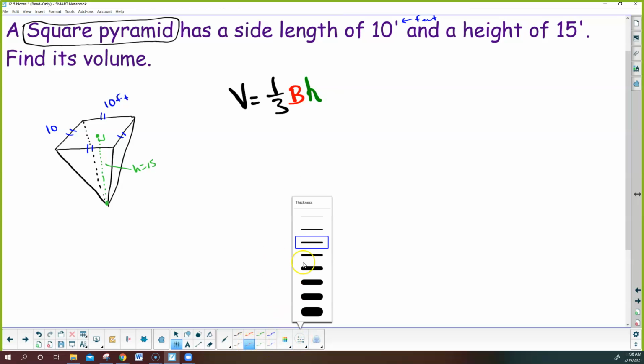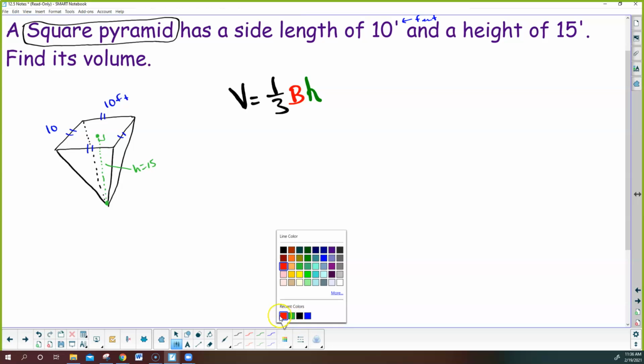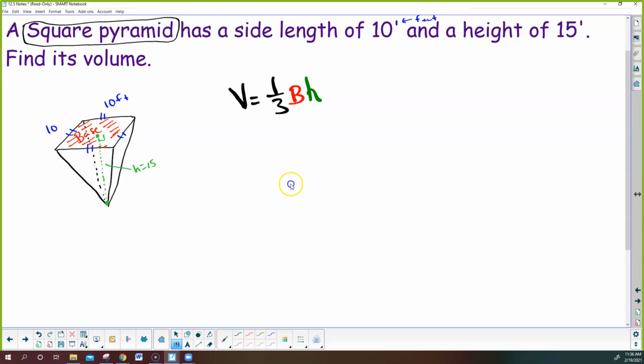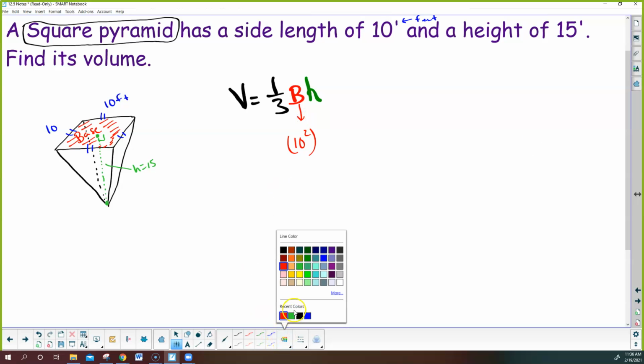And the only thing we then have to figure out is the area of this base, which is the square. And we know that the base is 10 times 10, or 10 squared. So there's the area of the base. The height was given to us as 15.